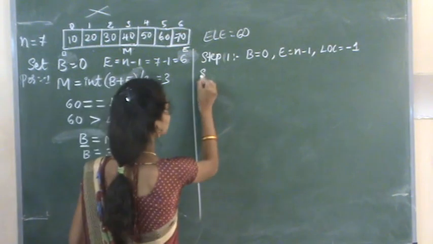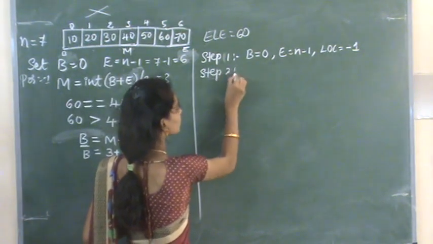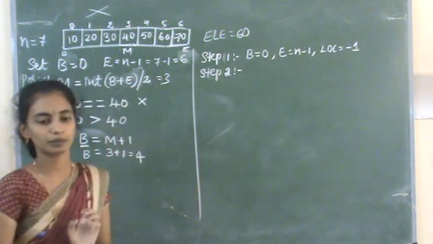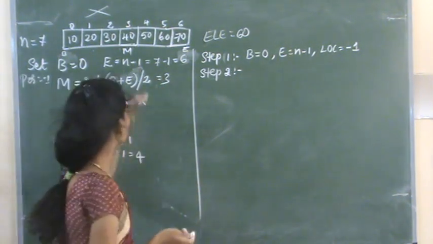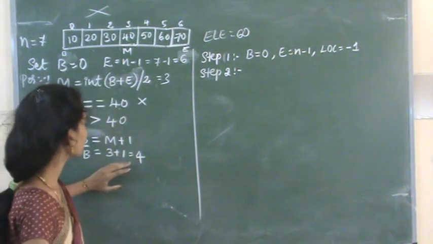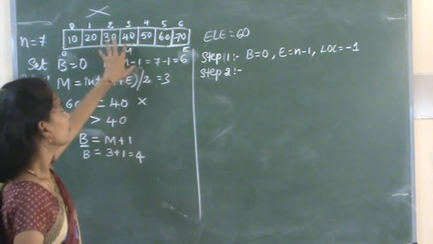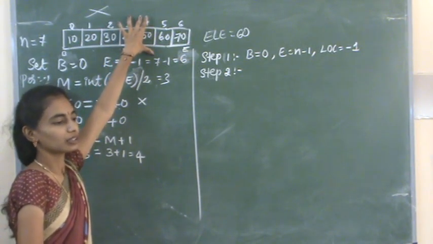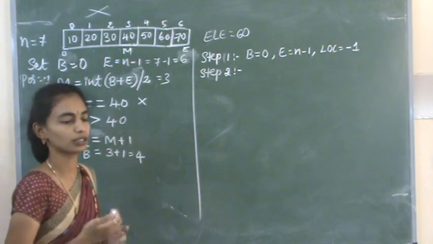So the second step is we need to perform these operations, right? If the array is not present, how will you perform this searching? You cannot, right?